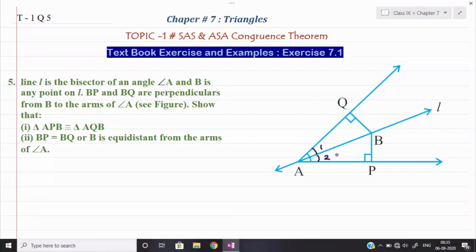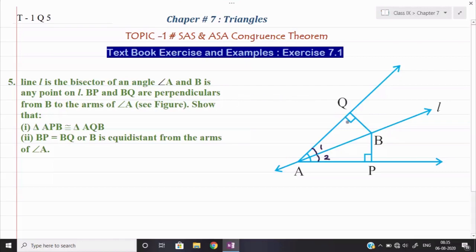One is going through A to P, and second one is going through A to Q. So BP and BQ are the perpendiculars on the arms of angle A. Then we have to show that triangle APB and triangle AQB are congruent. BP and BQ are also equal. Okay, so let us see how we can prove it.